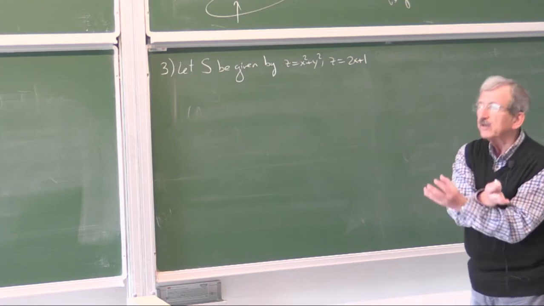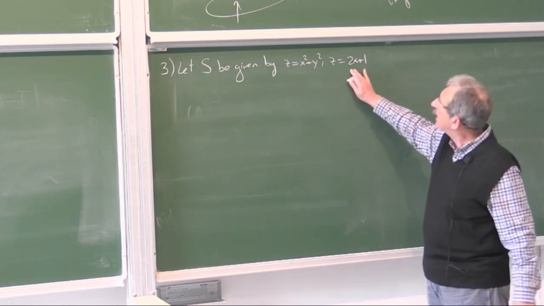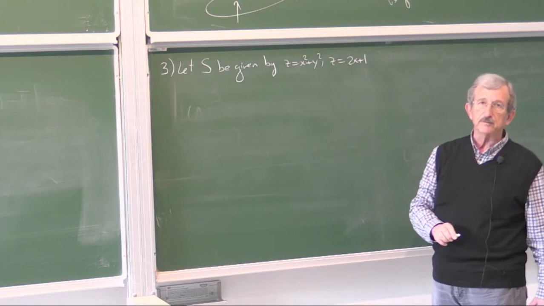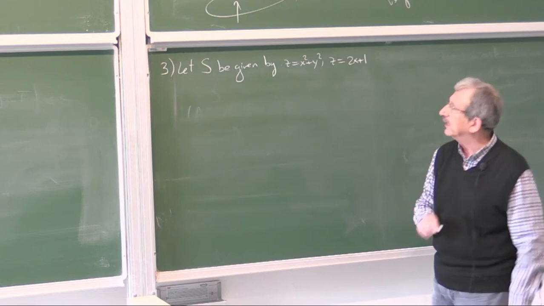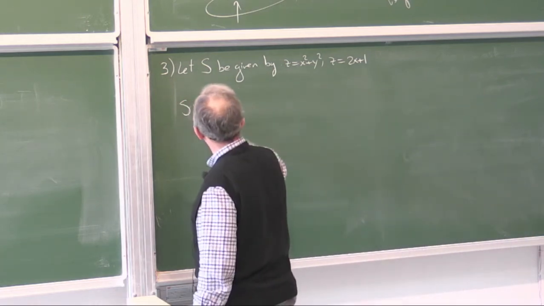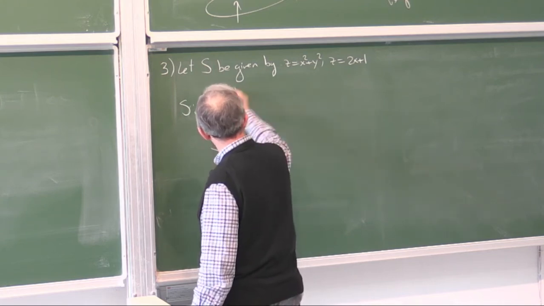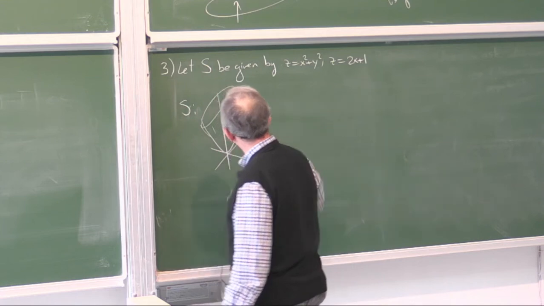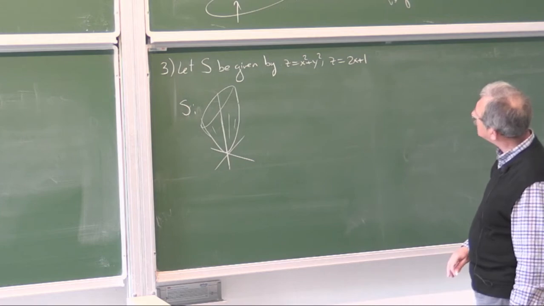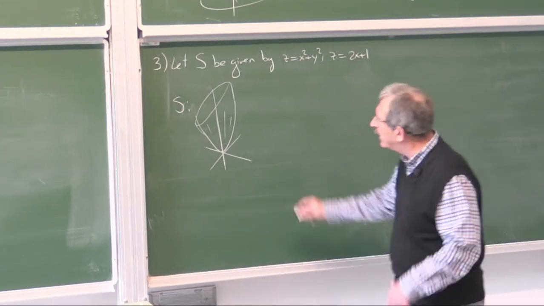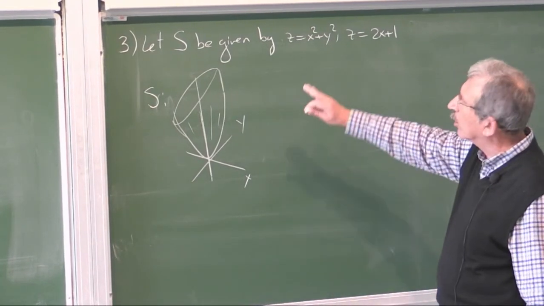So necessarily, if you want to get a bounded region, the plane must be above the paraboloid, and it is. So what does S look like? S is a paraboloid like this, a standard paraboloid, and z is 2x plus 1, which does not have any y in it, so it moves along y.